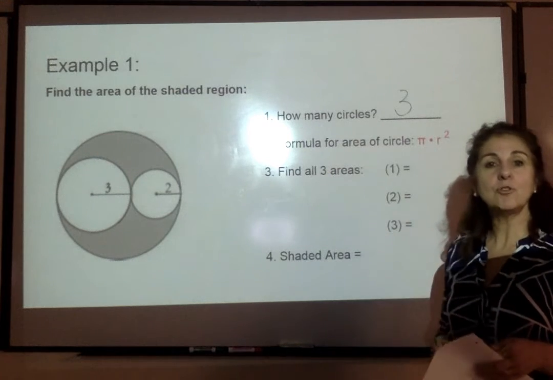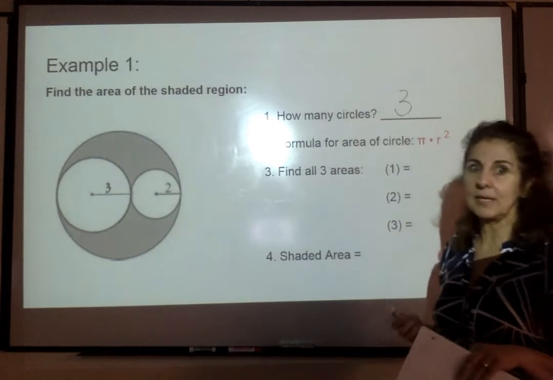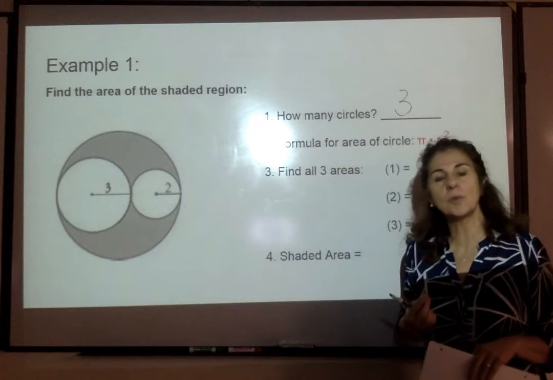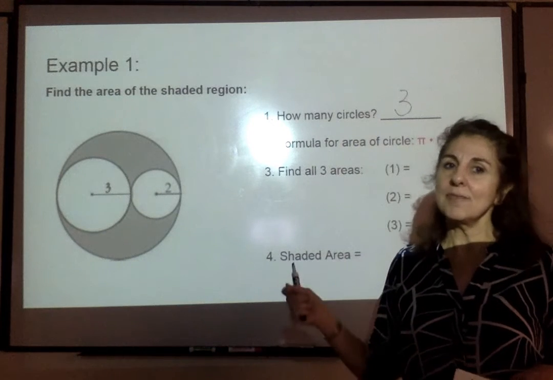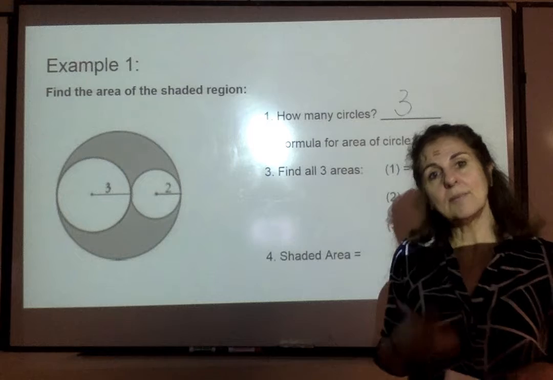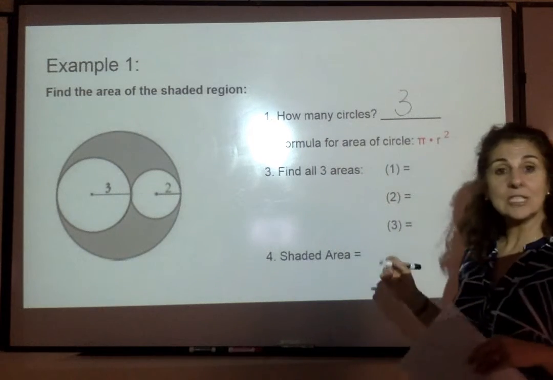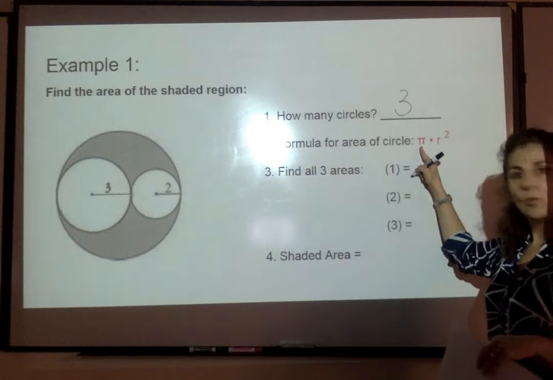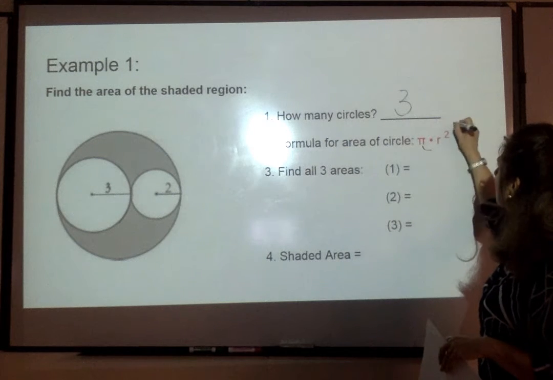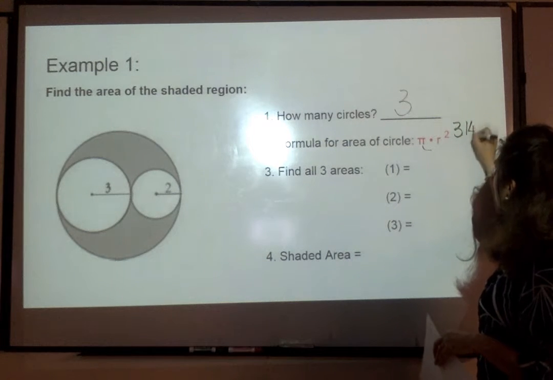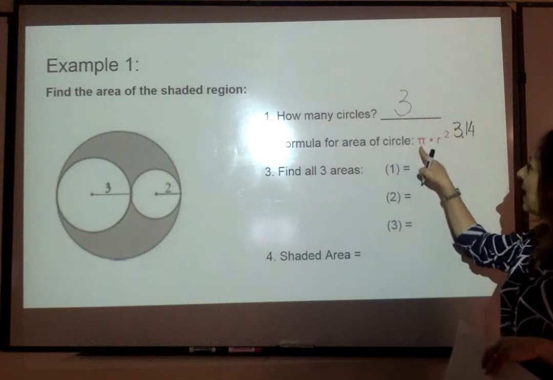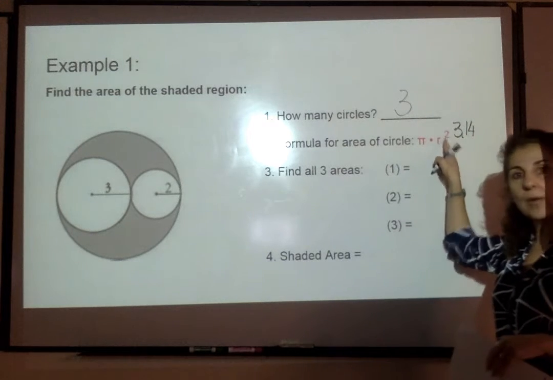And now we have to go to the formulas of area, because we need to remember those formulas, or we need to write them down so we can use them very often. Formula for area of a circle, it's pi, which, remember, for pi we use 3.14, so it's pi times r squared.